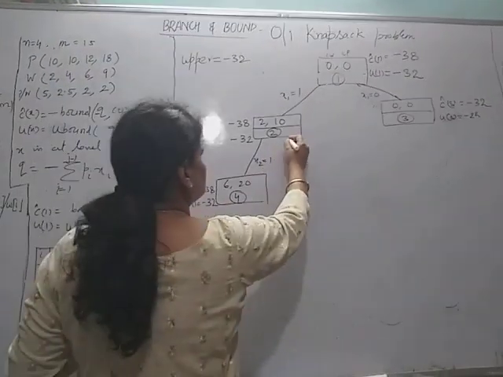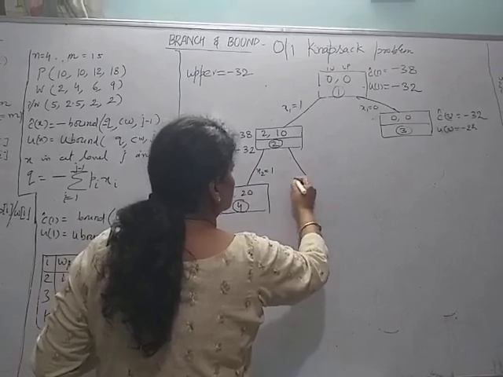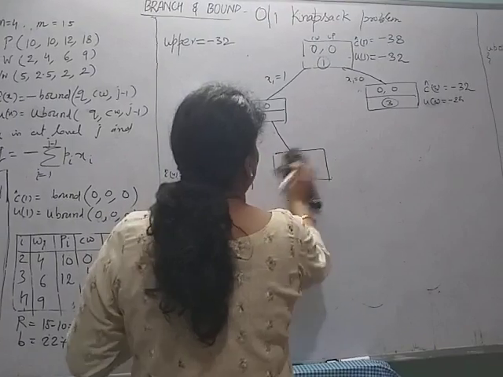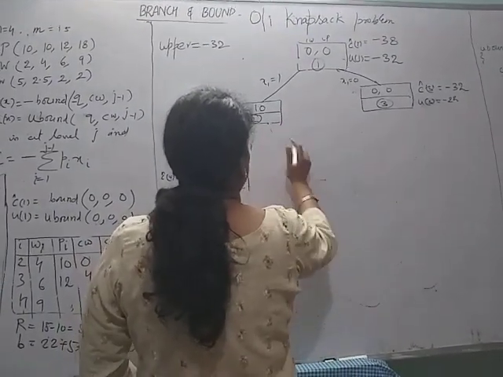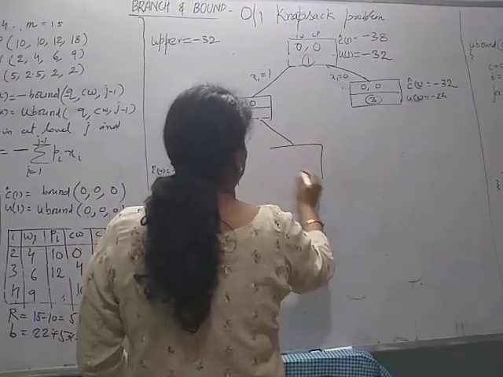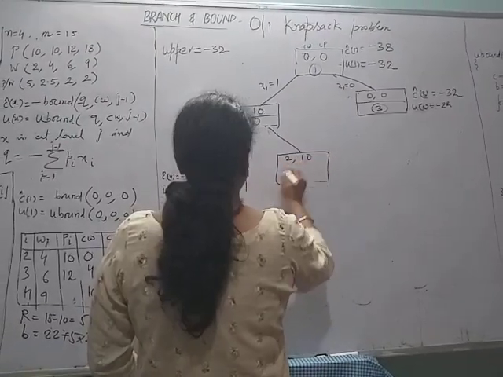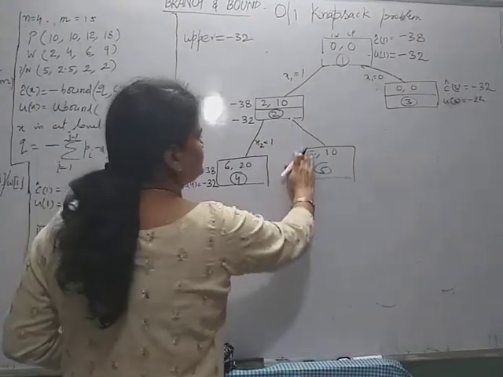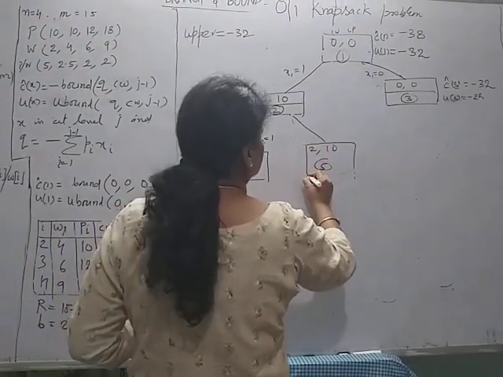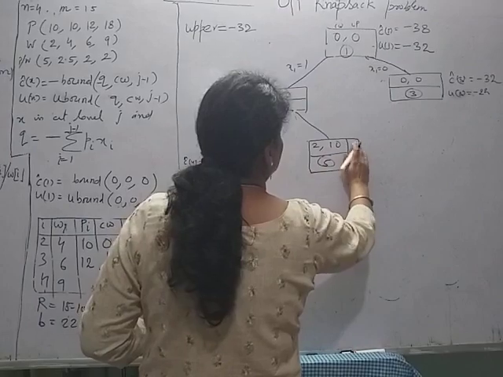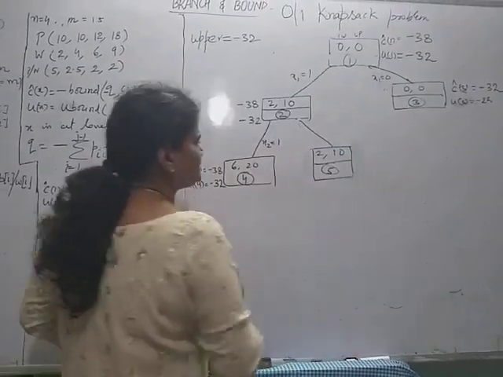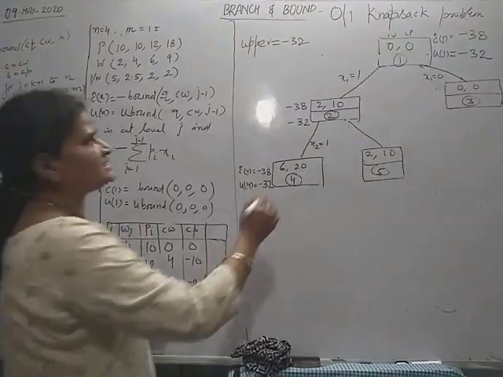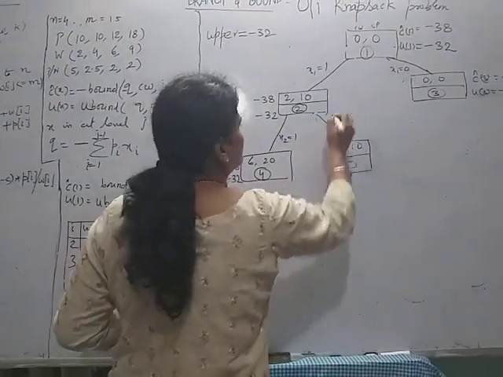And here 2, 10 and the node numbering is 5. Okay. Now we compute C and U. C5 and U5. For the U5, the second weight x2 equal to 0.